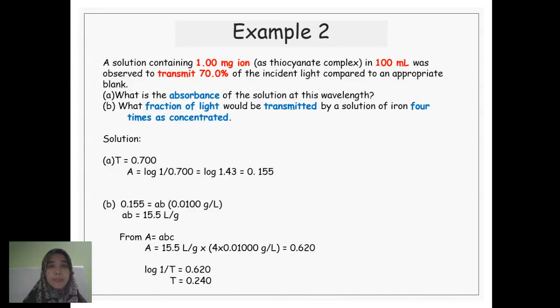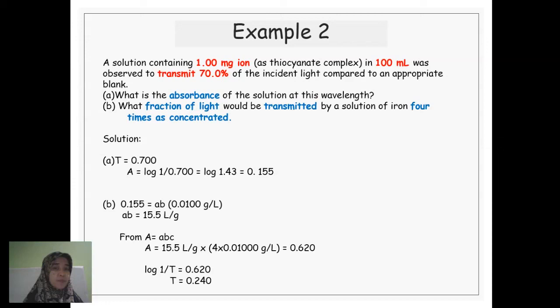Next example: a solution containing 1 mg iron in 100 ml was observed to transmit 70% of the incident light compared to an appropriate blank.